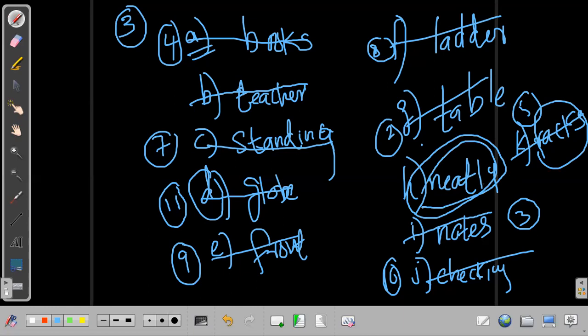What is this? Li, adverb. So this verb should be followed by an adverb, right? That's grammar, right? So this answer should be then arranged neatly. Number 6 should be H, right? That's how you answer the question.